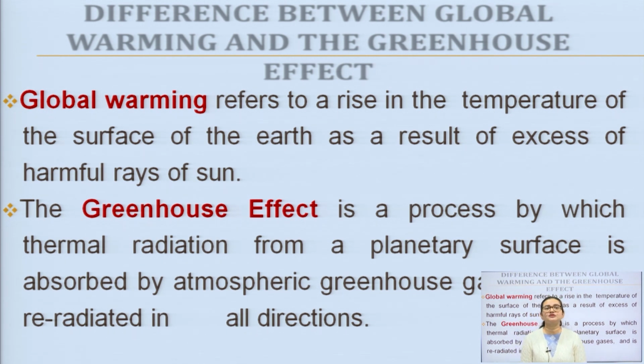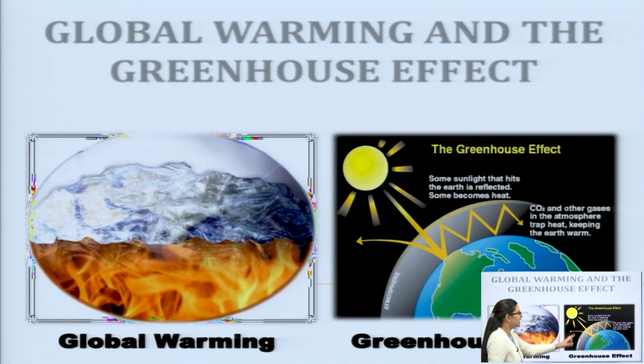Global warming refers to a rise in temperature of the surface of earth as a result of excess of harmful rays of sun. As I have shown you in the previous slide, excess of harmful rays are trapped in the atmospheric layer. This is our atmosphere, as we can see. It gets trapped in the atmosphere and does not get reverted back, as it should.